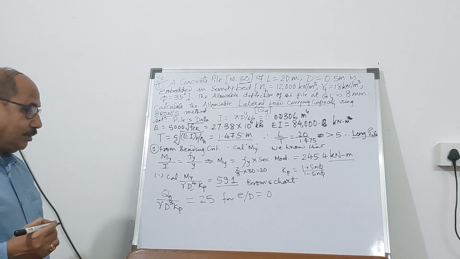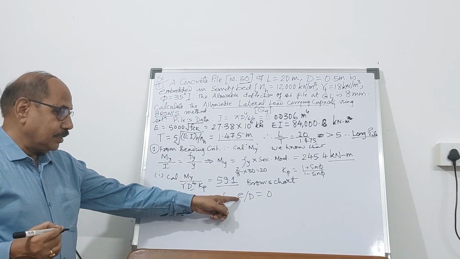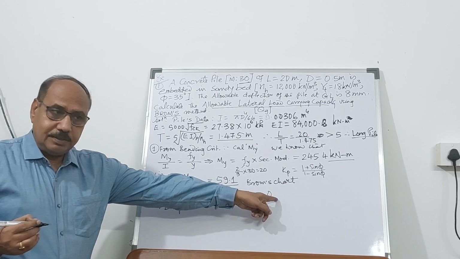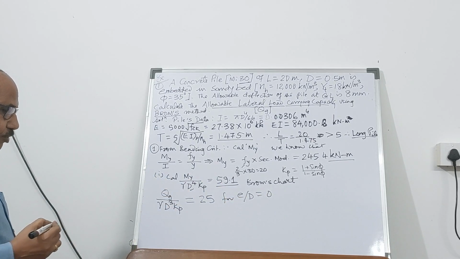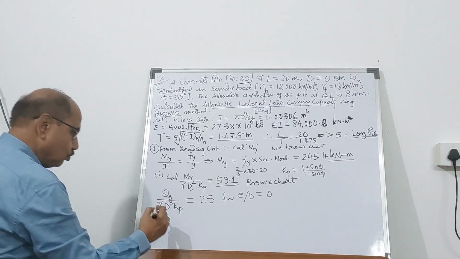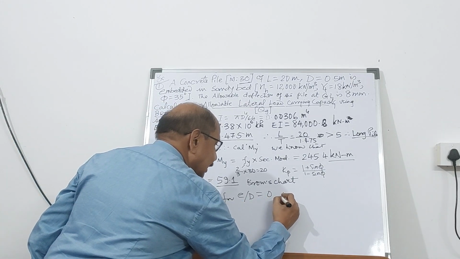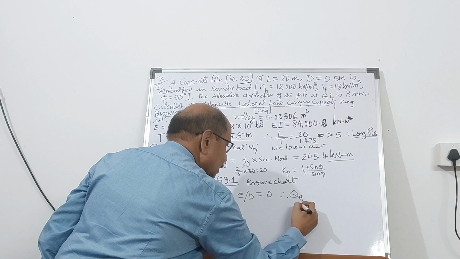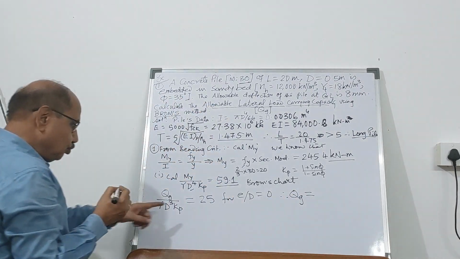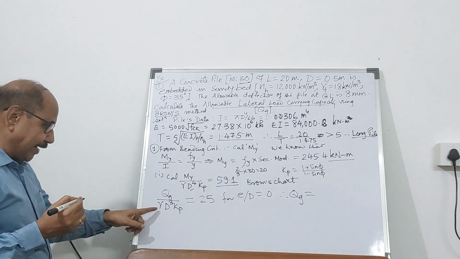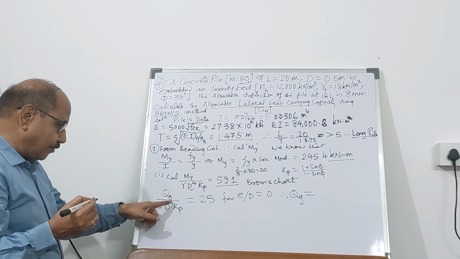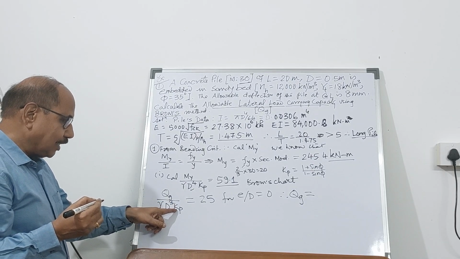that is at ground level. e is 0, so e by d will be 0. So this comes out to be this one. Now, therefore, I can easily calculate Qg. Now Qg will be 25 multiplied by 18 into 0.5 cube into Kp.